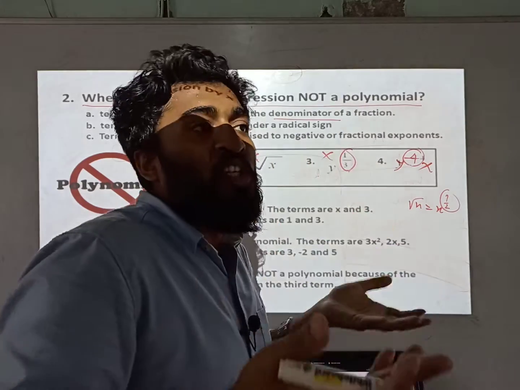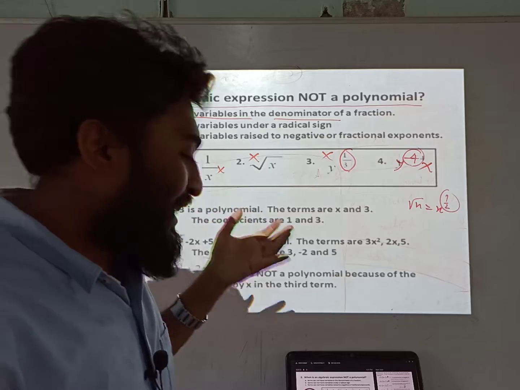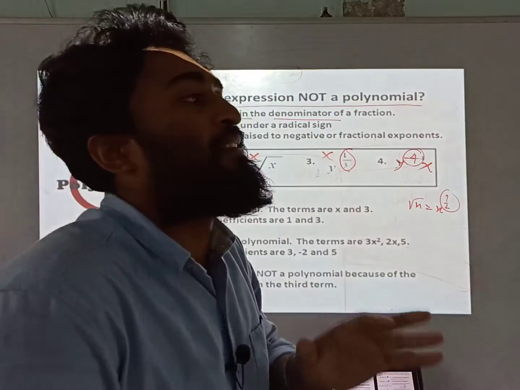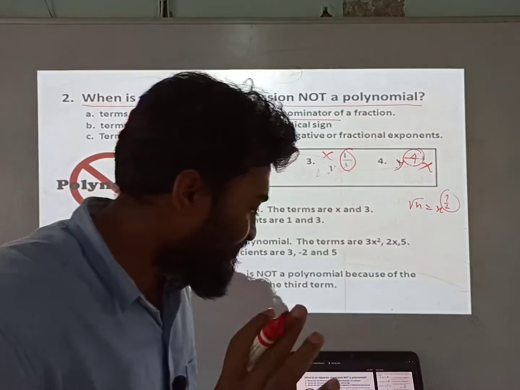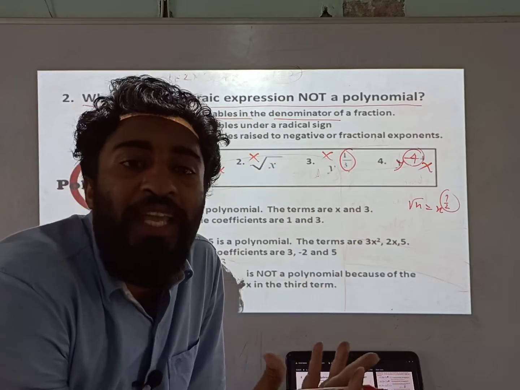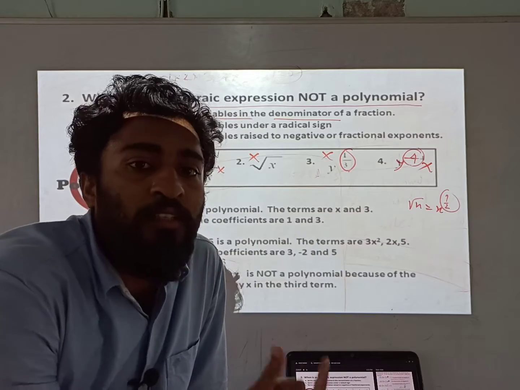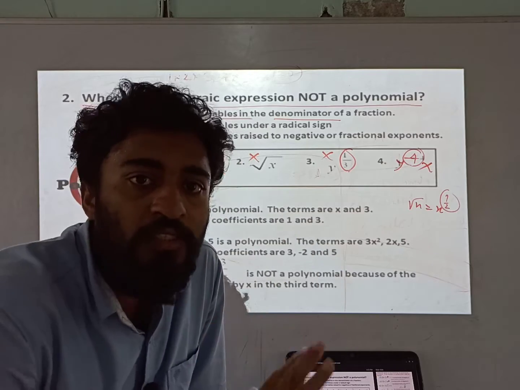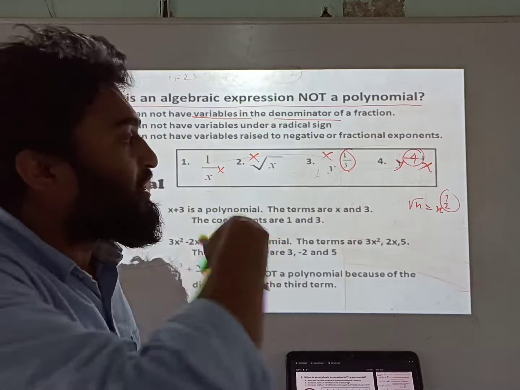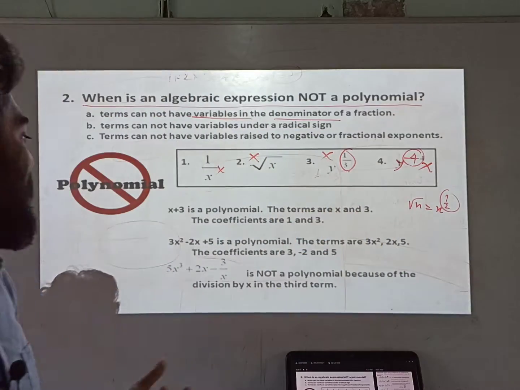So now my question is, when do you say that an algebraic expression is a polynomial? My question is, when do you say an algebraic expression is a polynomial? I will explain you through example, okay?